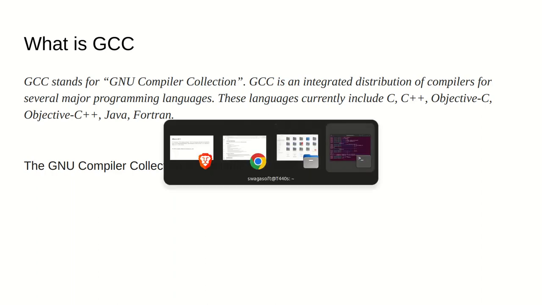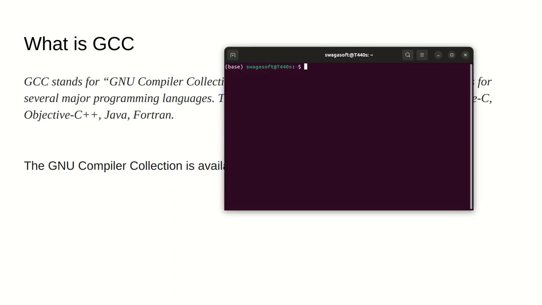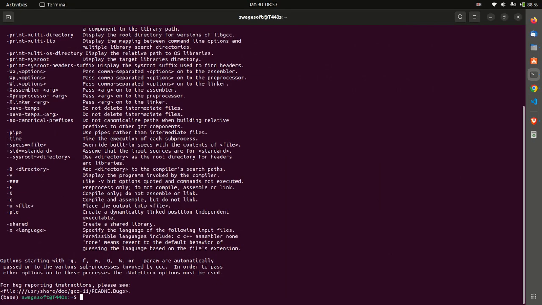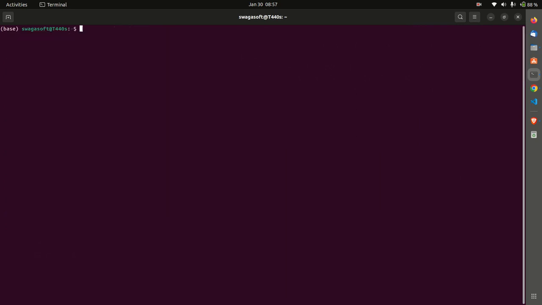So for example, if we go to my terminal, I can do gcc --help. You can see I already have GCC on my system; it came with it. You can also check the version of your Linux machine by doing lsb_release -a.